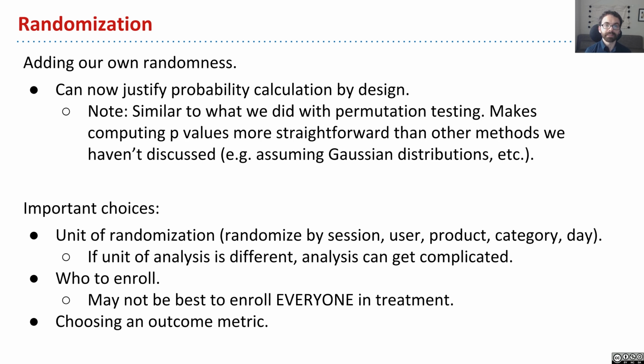When it comes to randomization, he says that adding our own randomization is great. We can now justify all of the chance, all the randomness, by design. We chose the randomness. It's similar, I observed, to what we did with permutation testing. Computing p-values under permutation testing is nice because we know exactly how the randomness arose under really simple assumptions.